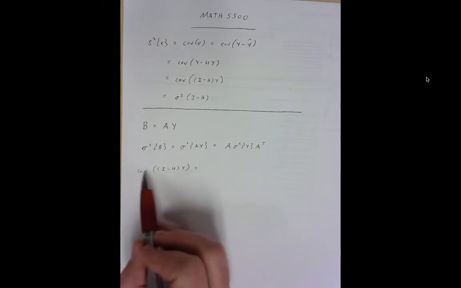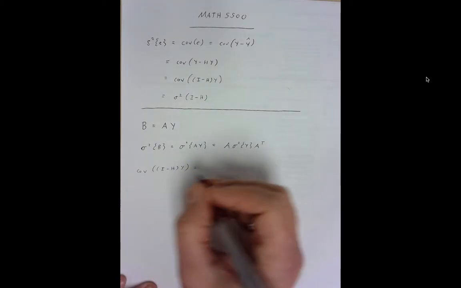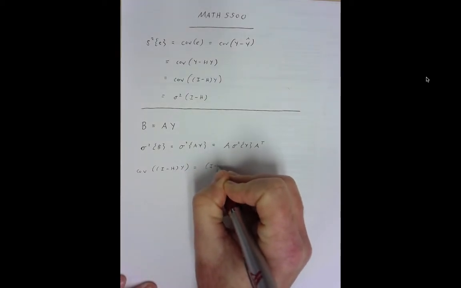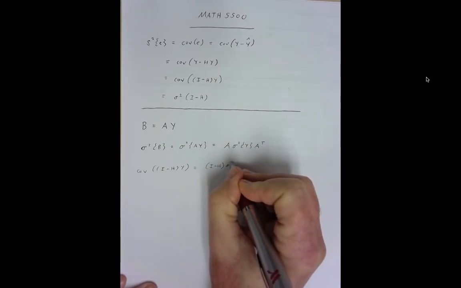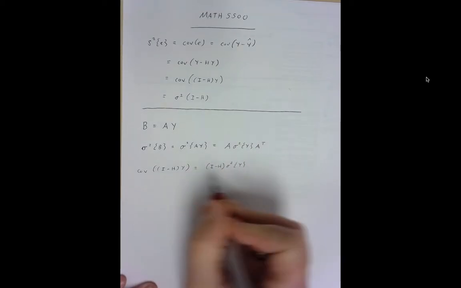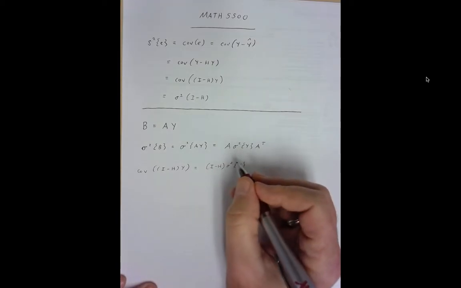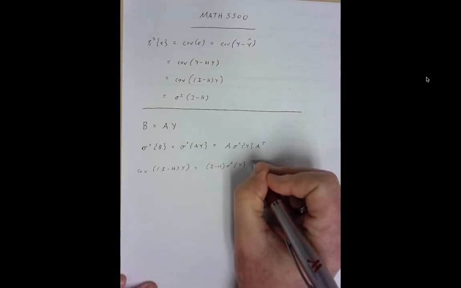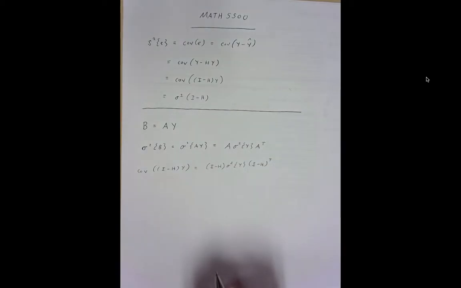So how can I rewrite this using this? Well, pretty obvious, right? The A is my I minus H, and then I get the covariance of Y, and this is horrible because I'm using kind of conflicting notation within the same problem, but I'm doing it for a reason, times the I minus H transpose.